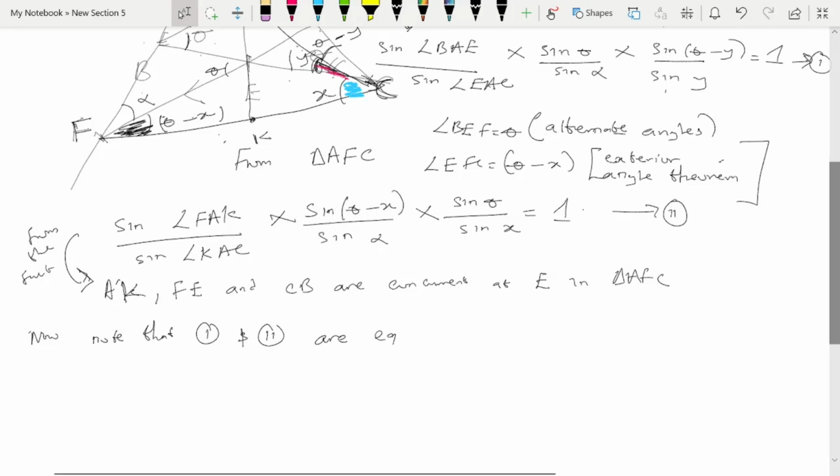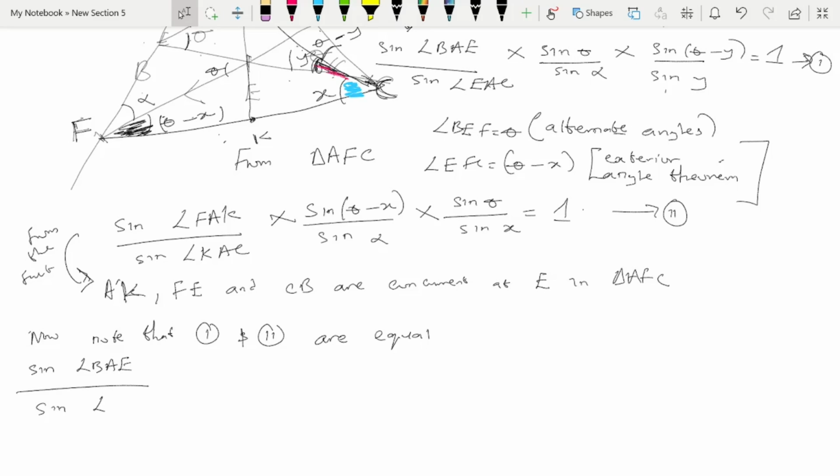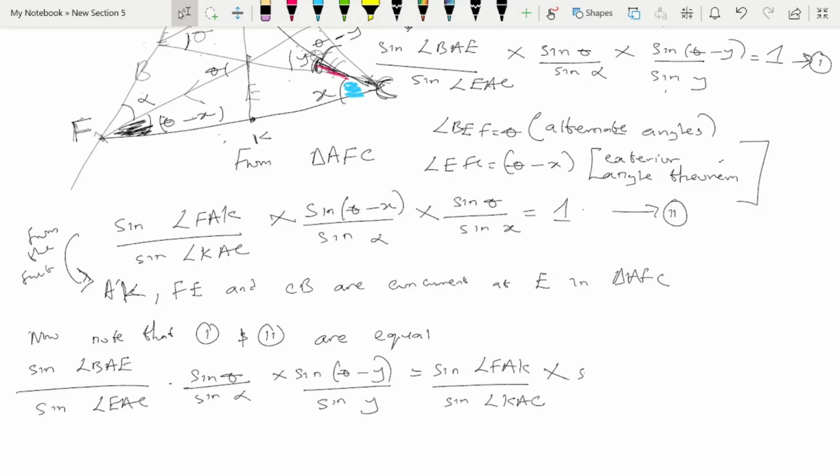So this means that sine of angle BAE over sine of angle EAC times sine theta over sine alpha times sine theta minus y over sine y is equal to sine of angle FAK over sine of angle KAC times sine theta minus x over sine alpha times sine theta over sine x. These two are both equal, right?